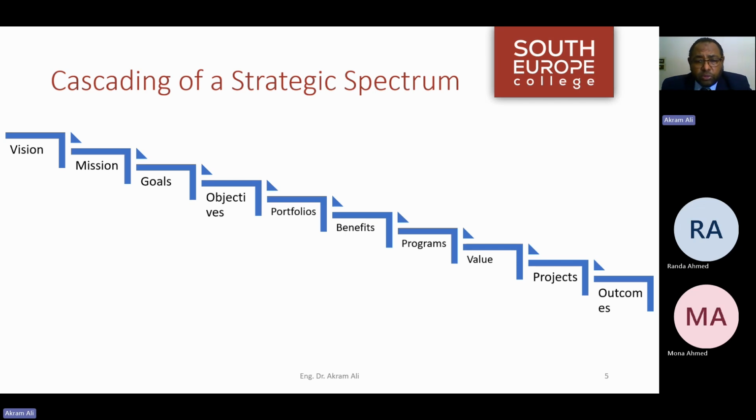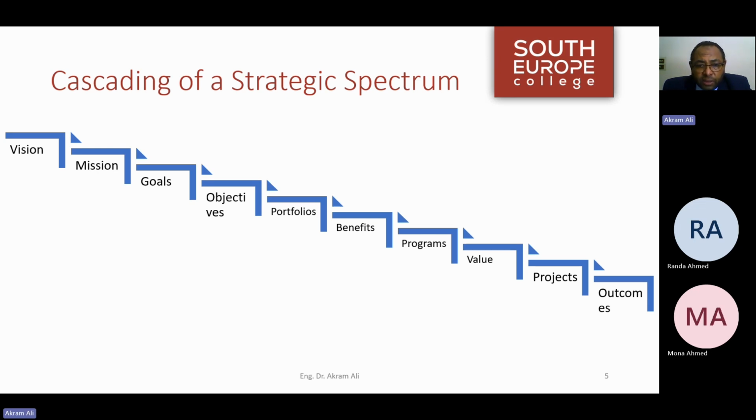We refer to programs as groups of related projects, and we expect programs to deliver value. And value gives us our benefits, and projects within programs provide us with project outcomes. So project outcomes are translated into values, and values are translated into benefits.